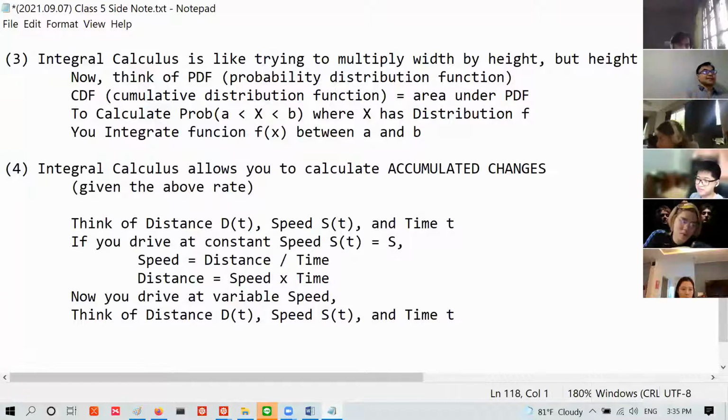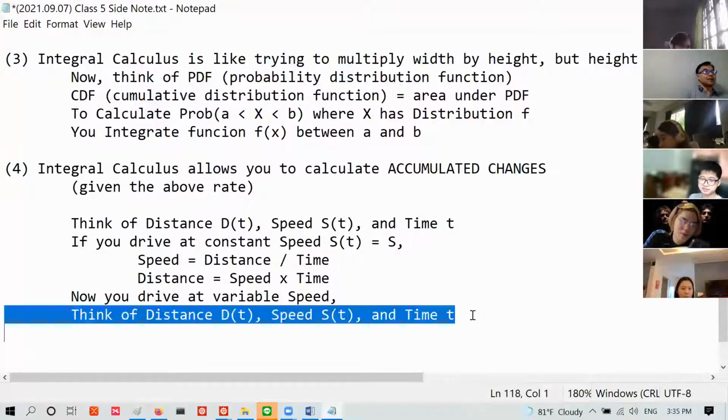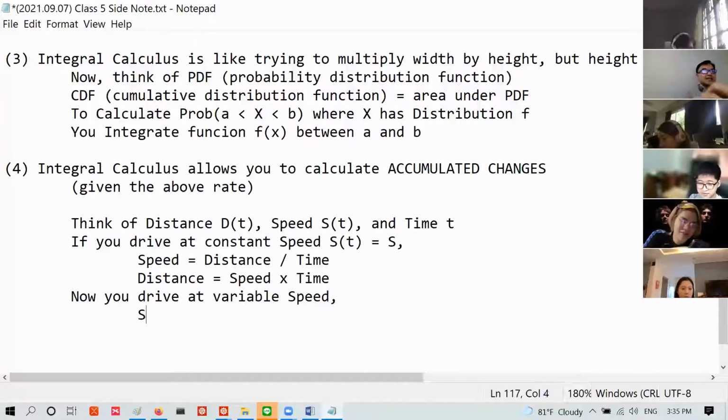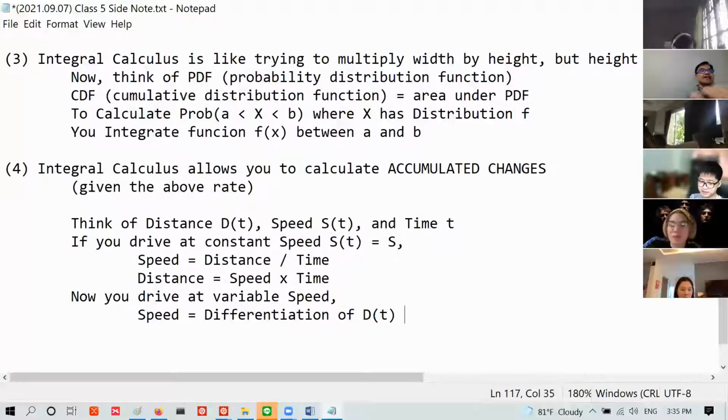But now you drive at variable speed. So now speed is equal to the differentiation of d of t with respect to t.